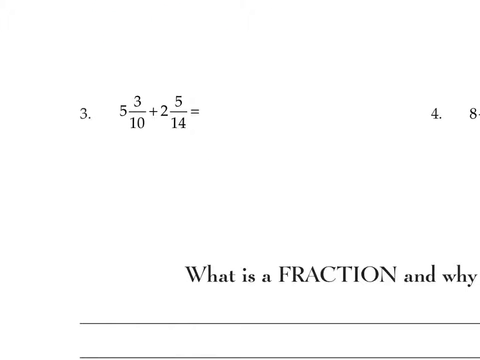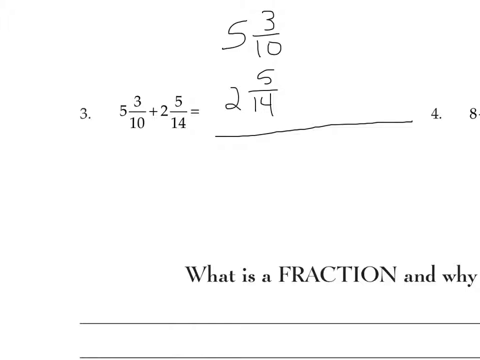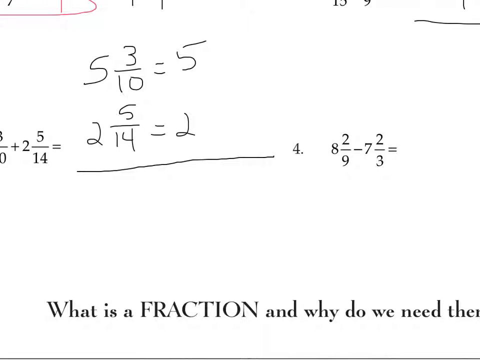All right, we're going to add some mixed numbers. So we have 5 and 3/10 plus 2 and 5/14. So we don't need to do anything with the whole numbers. We're going to keep the whole numbers. We just need to change the denominators of these fractions.